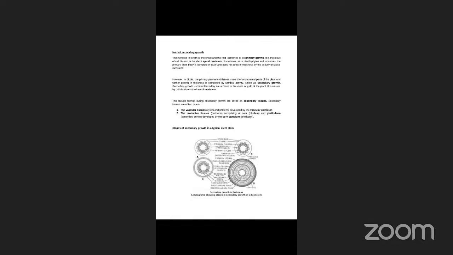Whereas the growth that occurs due to abnormal position and abnormal activity of cambium is called anomalous secondary growth.